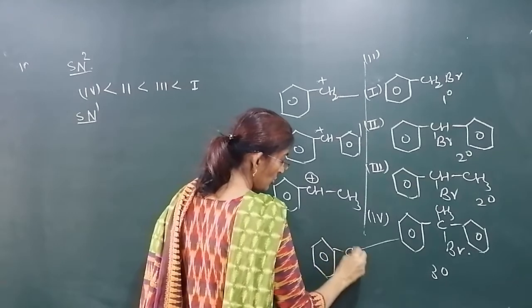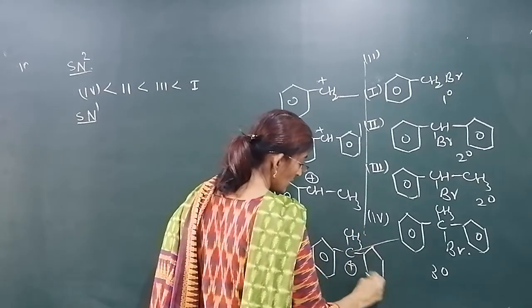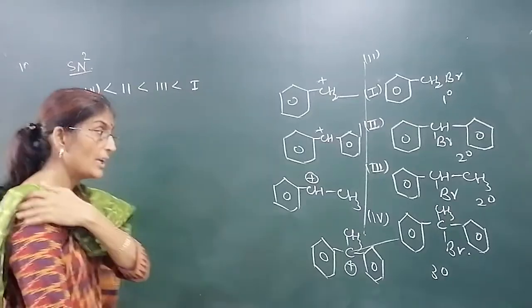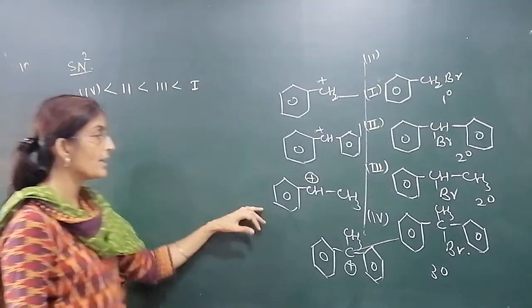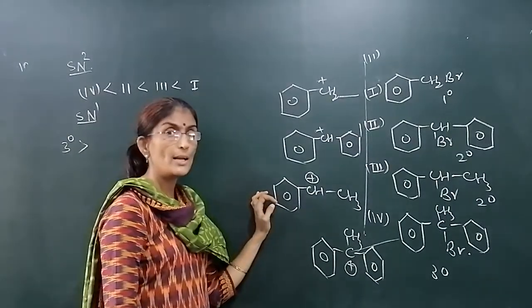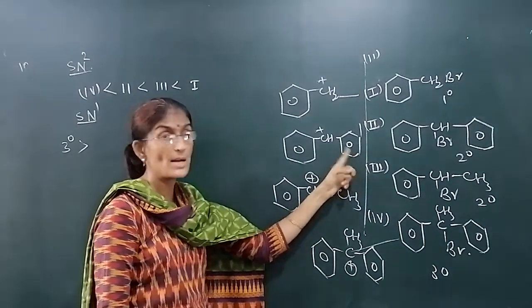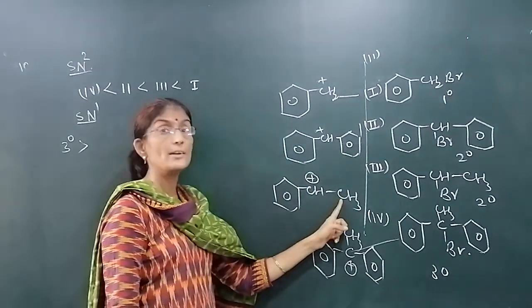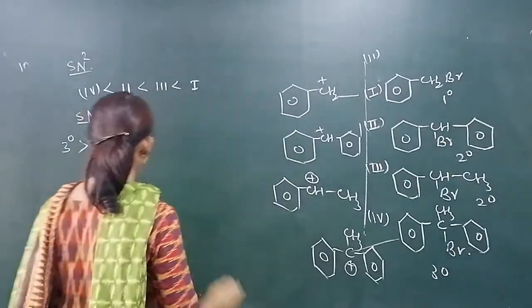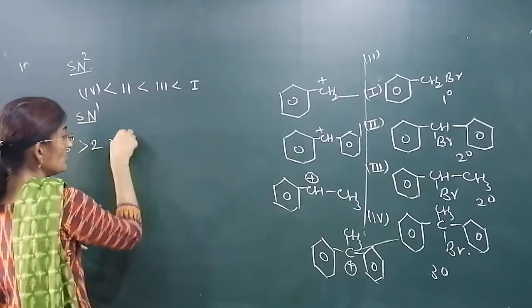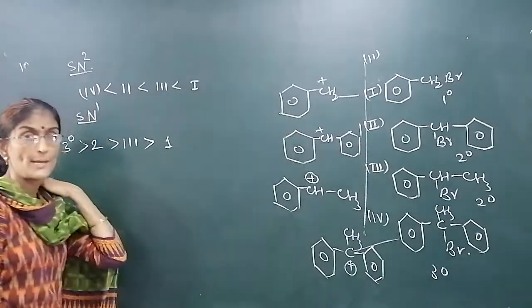We know the tertiary carbocation is the most stable. So in the order of reactivity, tertiary is most reactive for SN1. After that there are two secondary ones. Both are secondary; this is stabilized by resonance on 2 sides. On this side also there is resonance. Here there is resonance on one side and an inductive effect on the other. So this will be more reactive compared to that. So second, after that third, and at last first because it is primary.